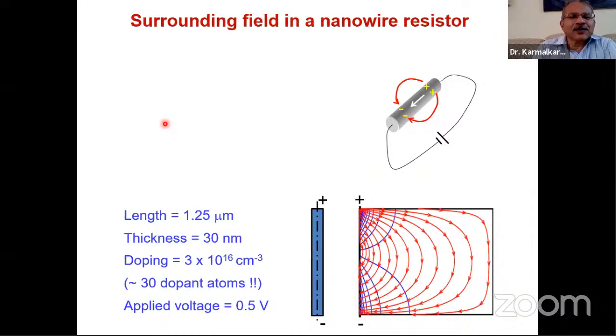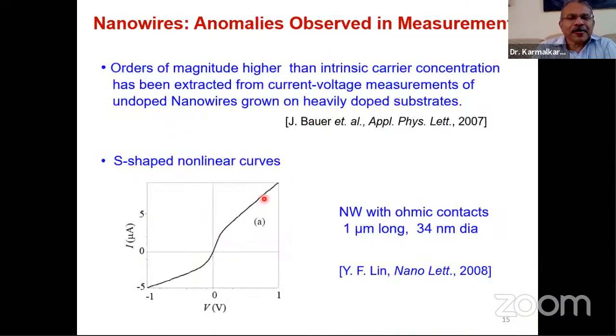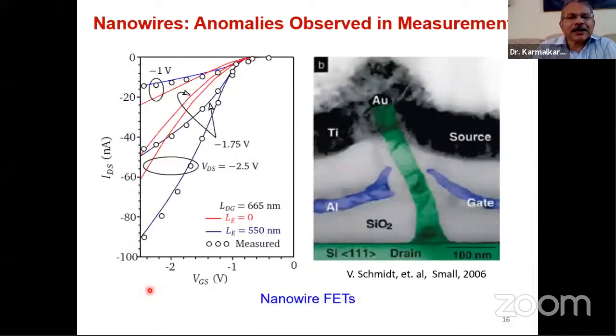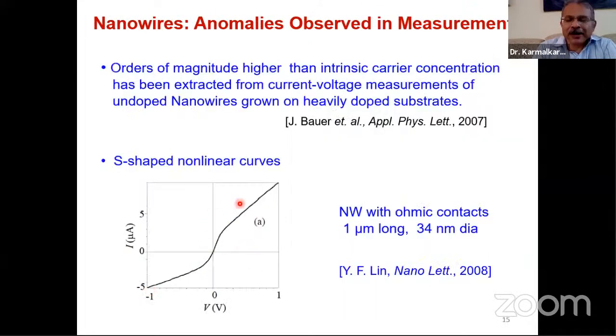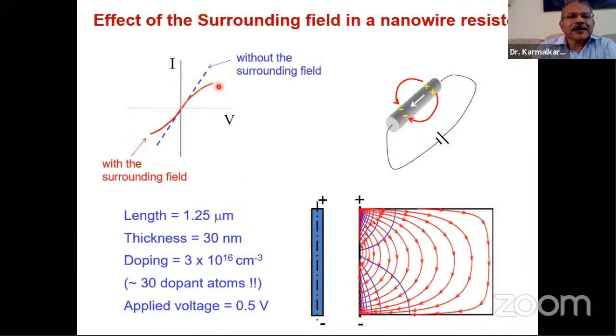You can connect it to what I showed earlier. This was measured data. From simulation, we are showing it is like this. It is not exactly what we have shown there, but somewhat like that.